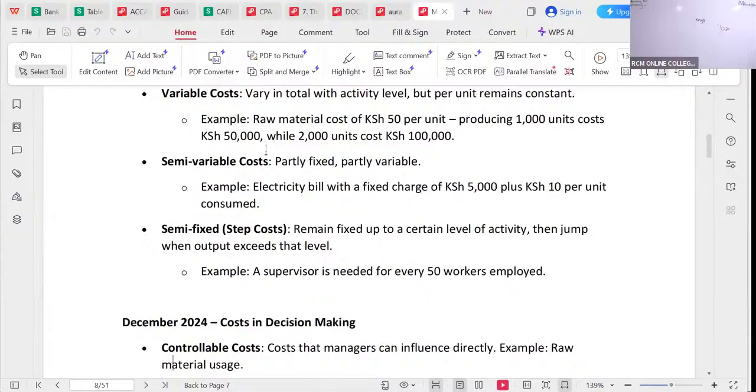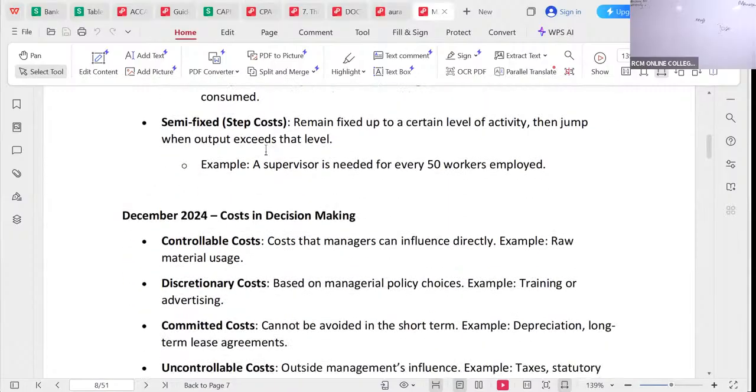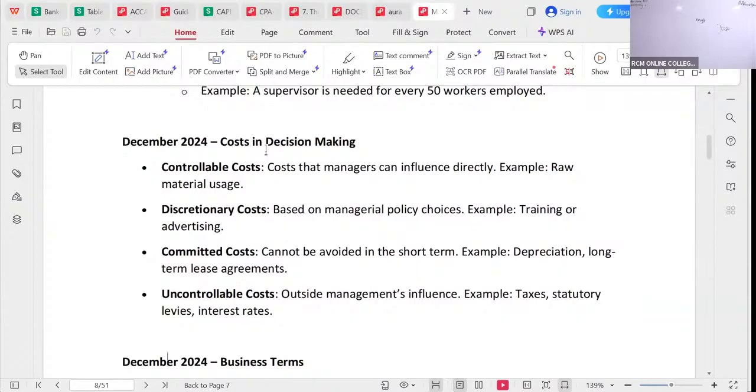Then we have costs in decision making: controllable costs, discretionary costs, committed costs.